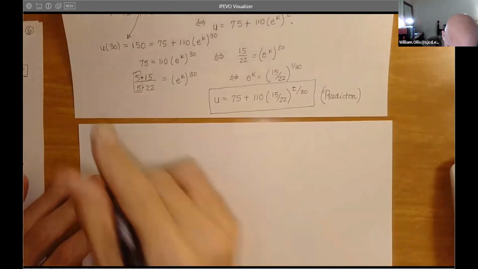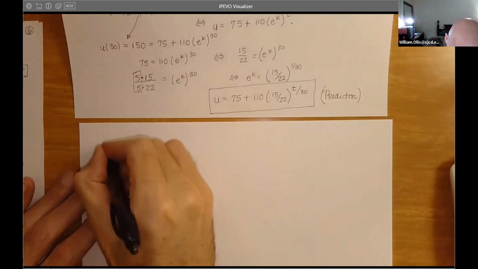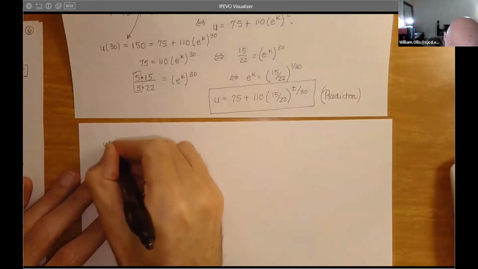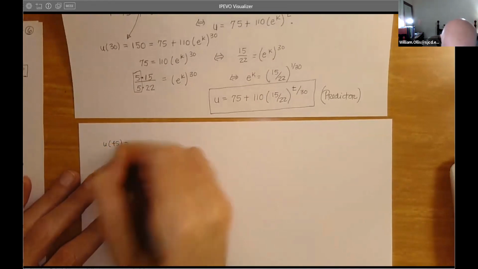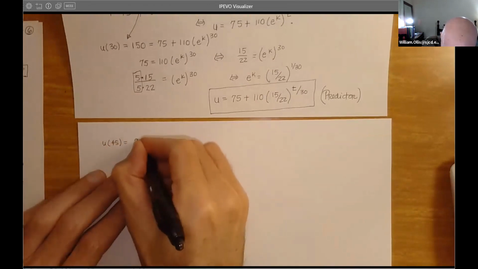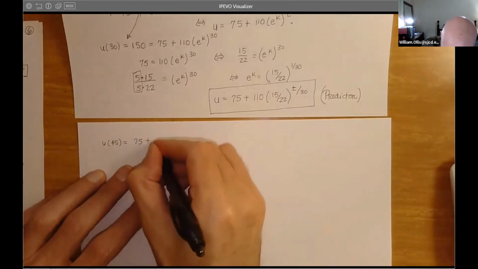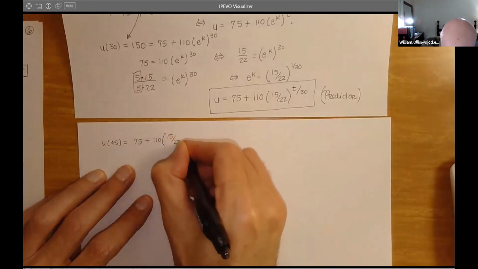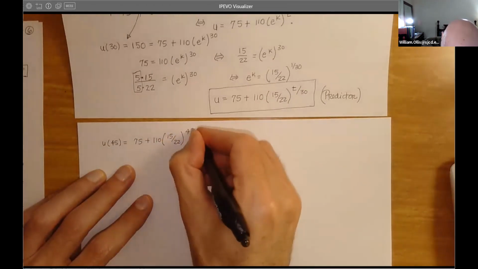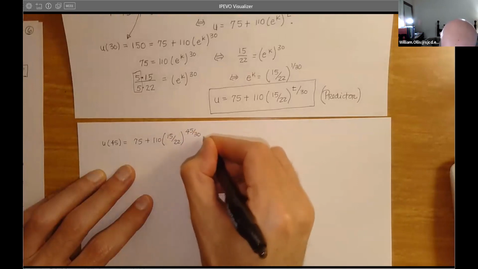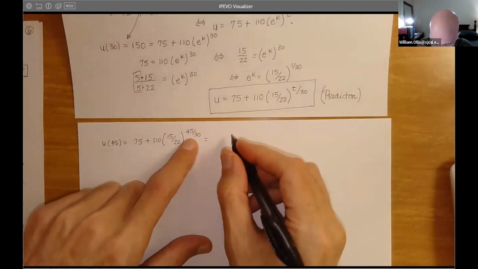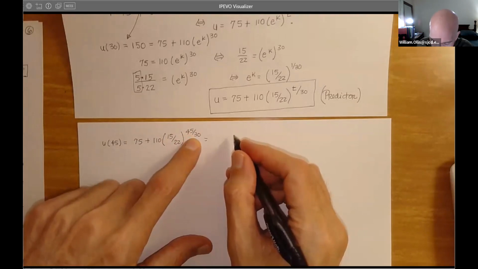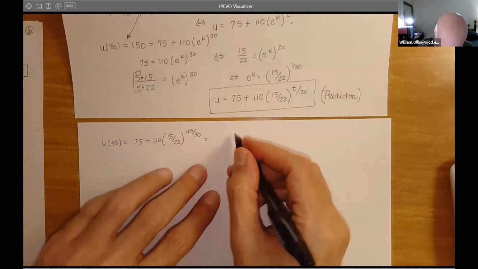So now in 45 minutes, we have u of 45 equals 75 plus 110 times 15 over 22 to the 45 over 30. But of course, that's a 3 times a 15 and a 2 times a 15. So that'll give us a 3 halves.